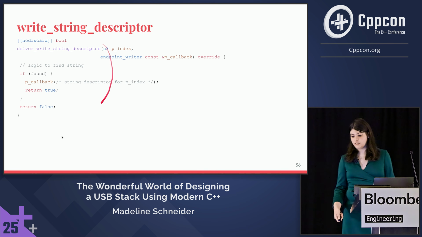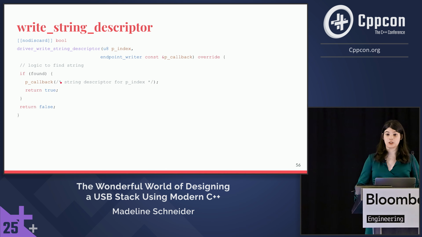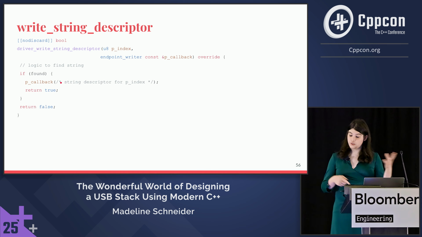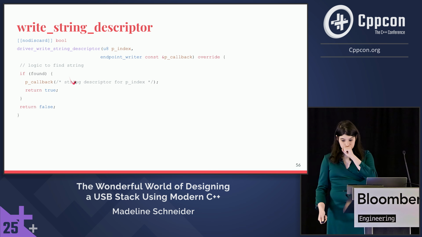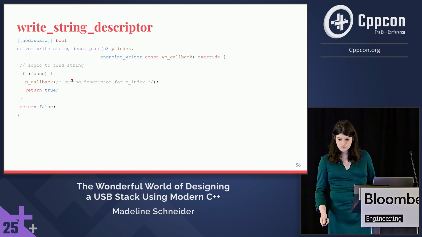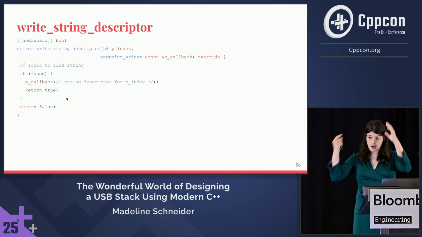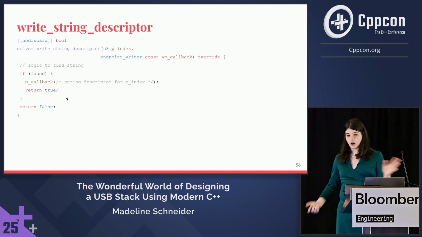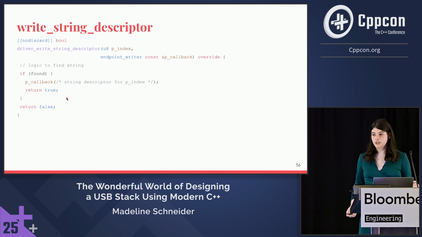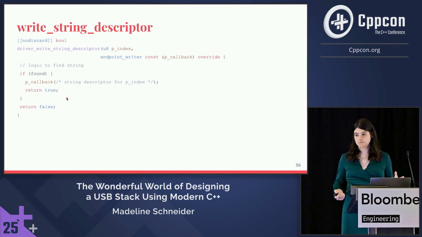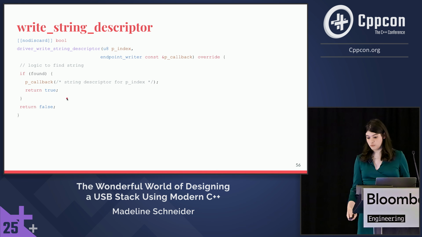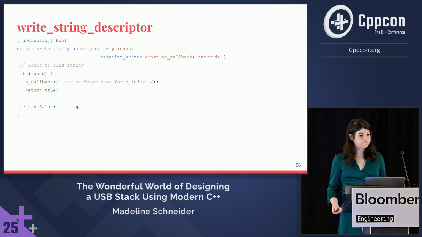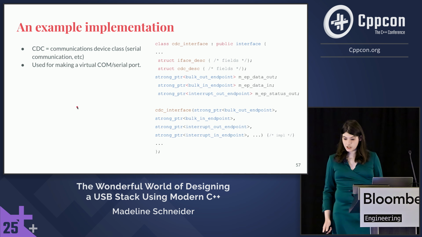The reason it's like this, instead of throwing an exception or something like that, is because the way the enumerator and other things may use this function, it may have to iterate through all possible interfaces or configurations. There are ideas on how to make that a little more efficient, but you typically don't have that many things to iterate through, so it kind of doesn't matter. But that is the reason why it just returns true or false and doesn't throw an exception or anything like that. Here's an example implementation.